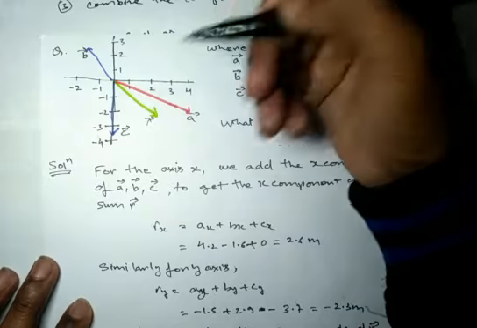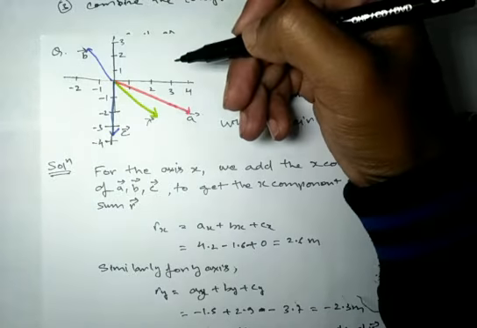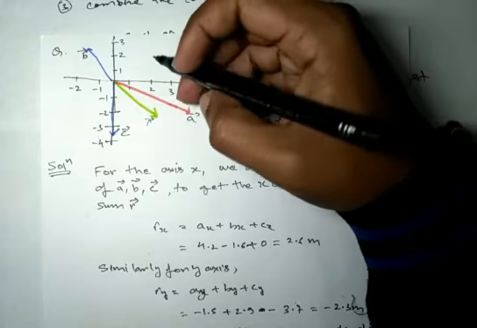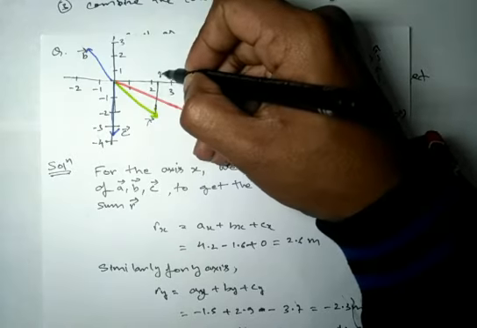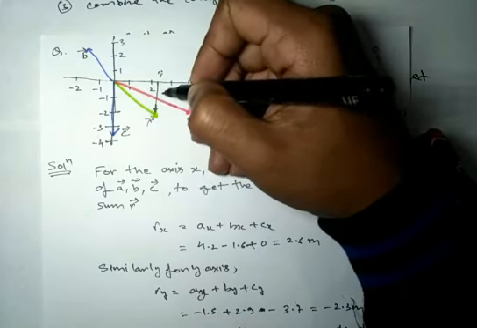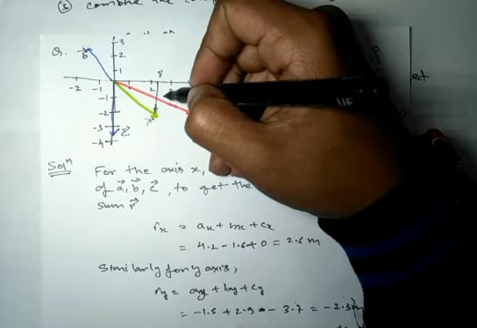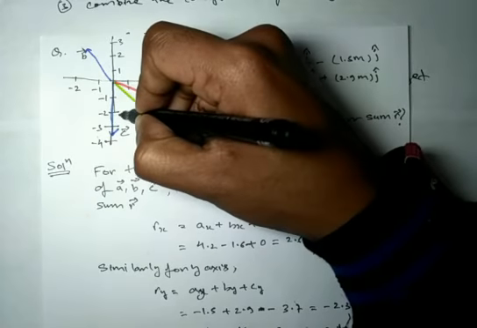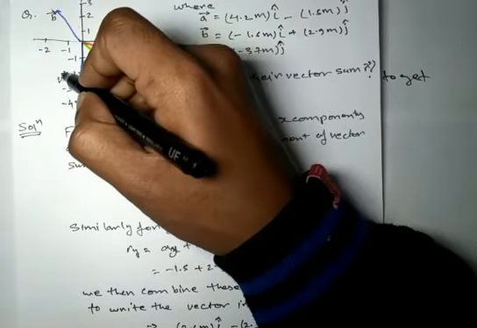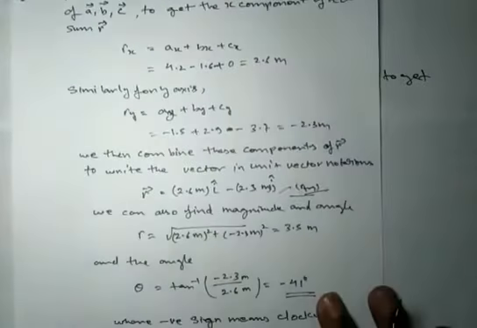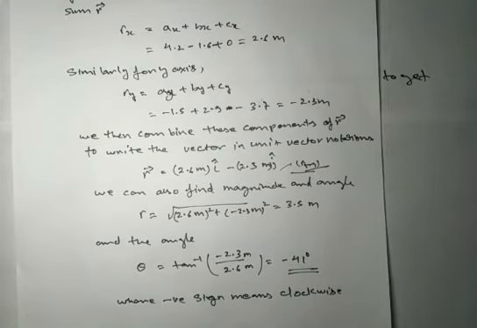So here we have the i cap is 2.6 meter, and j cap is negative 2.3 meter. We can also find the magnitude and angle from this above equation.